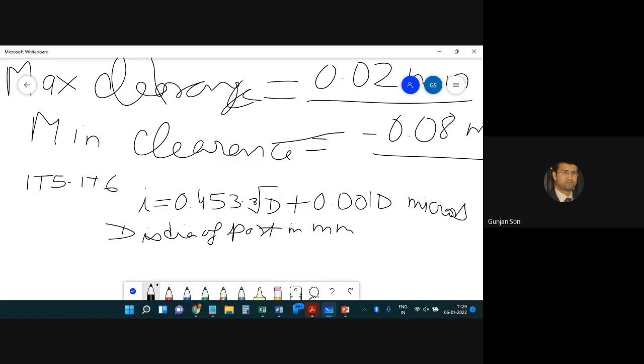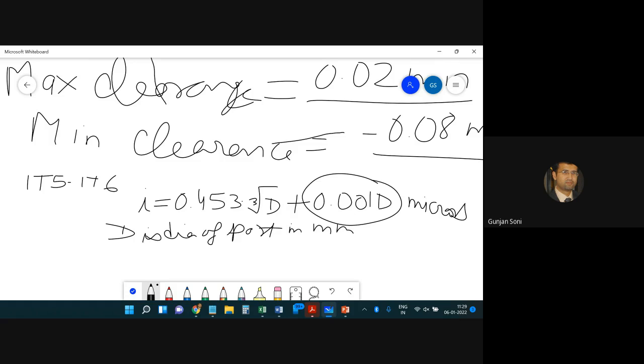Okay, so D is in mm because here units are important. You have to be careful. D is in mm, and this component actually counteracts the effect of measuring inaccuracies, which increase by increasing the size of the measurement diameter.